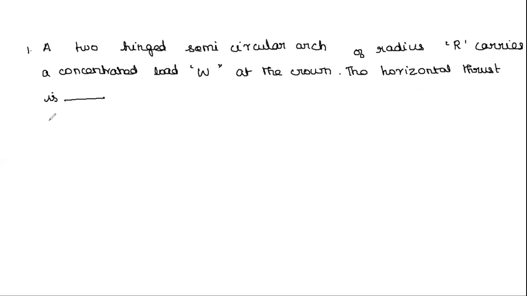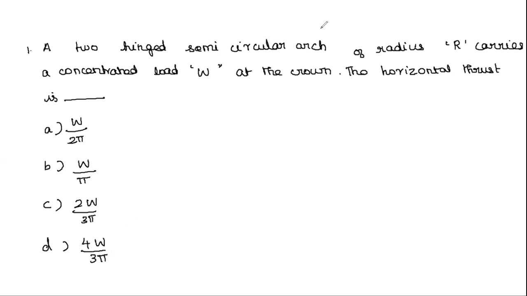This is a very easy question, and the options are: option A, W by 2 pi; option B, W by pi; option C, 2W by 3 pi; and option D, 4W by 3 pi. So turn over the pages and check which condition matches.